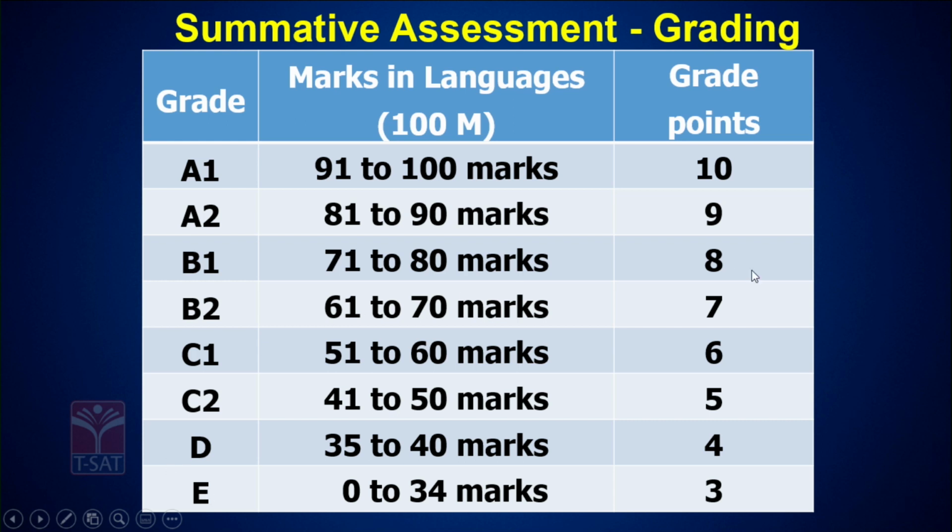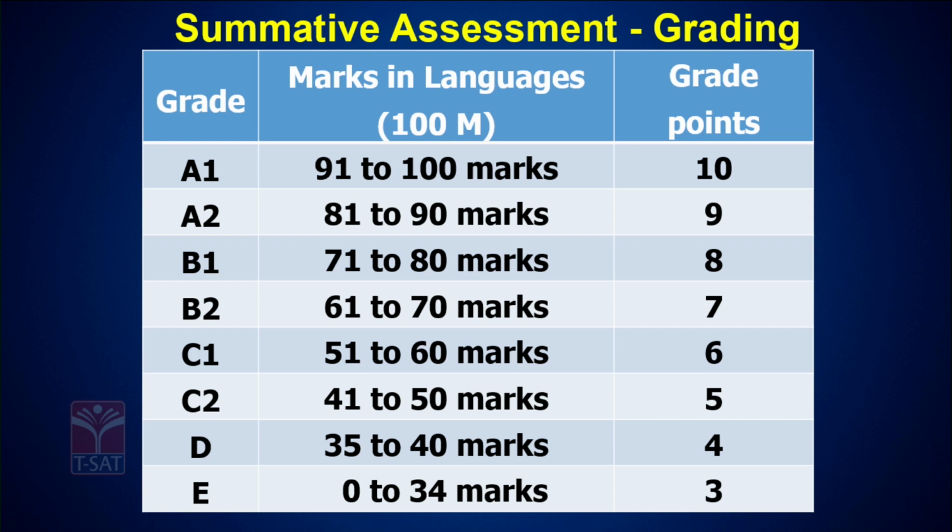And how are the grade points given? A1 is reflected as 10 points, whereas A2 is 9 points, B1 8, B2 7, C1 6, C2 5, D 4, and E is 3. So, if a child scores either E grade or GPA 3, it means he is not successful.